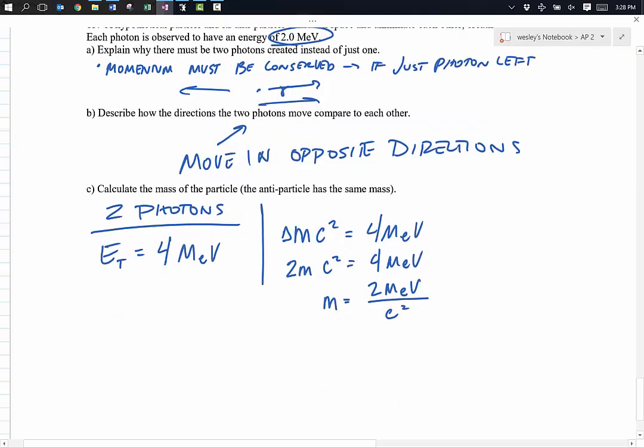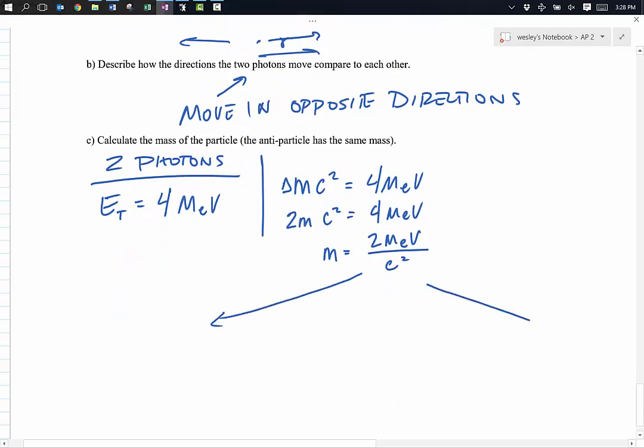There are 2 ways we could go with this, just to reiterate a point. If we want to stay inside of AMUs, the mass is equal to 2 mega electron volts, and then we have a conversion, so divided by 9.31 mega electron volts over c squared per AMU.